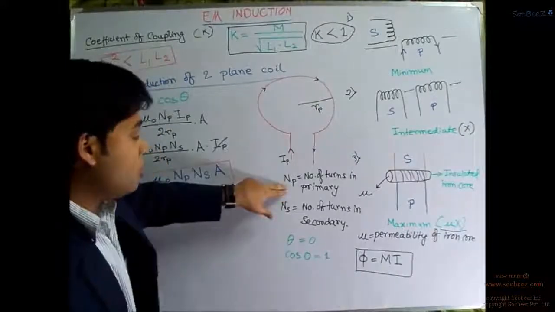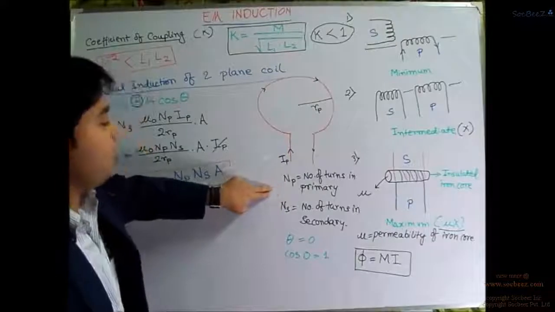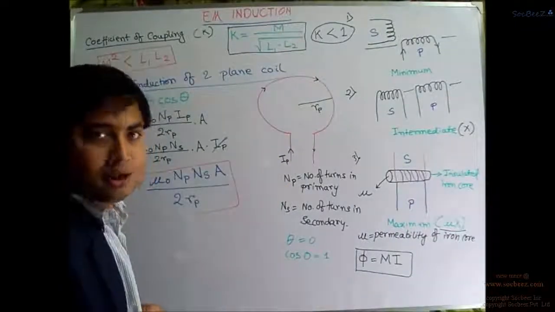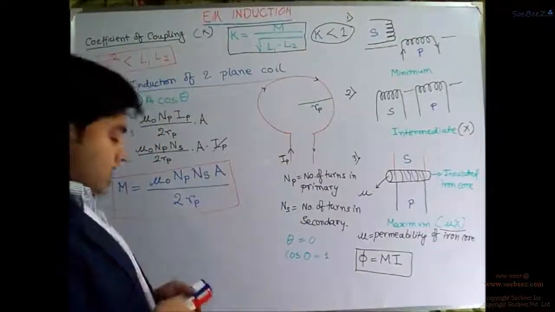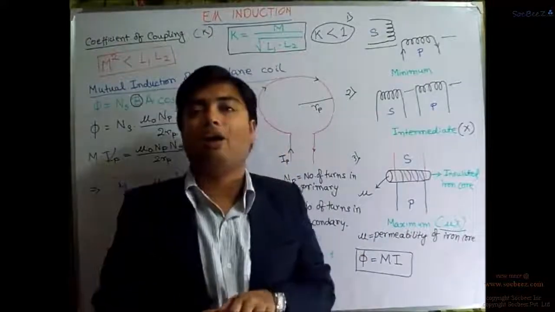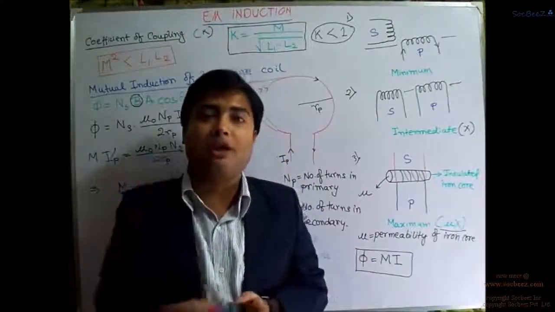The main noteworthy point is that we have to understand where we are going to put Np and where we are going to put Ns, right? So over here we have understood how the angle orientation affects the mutual induction.